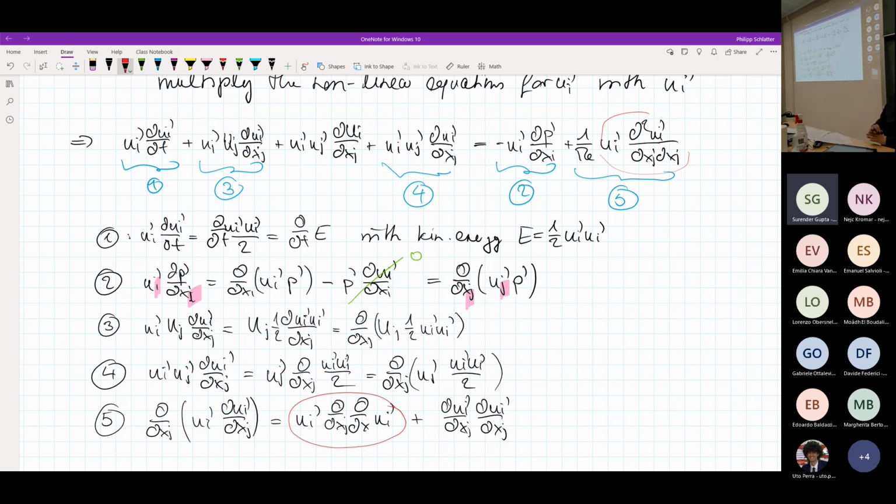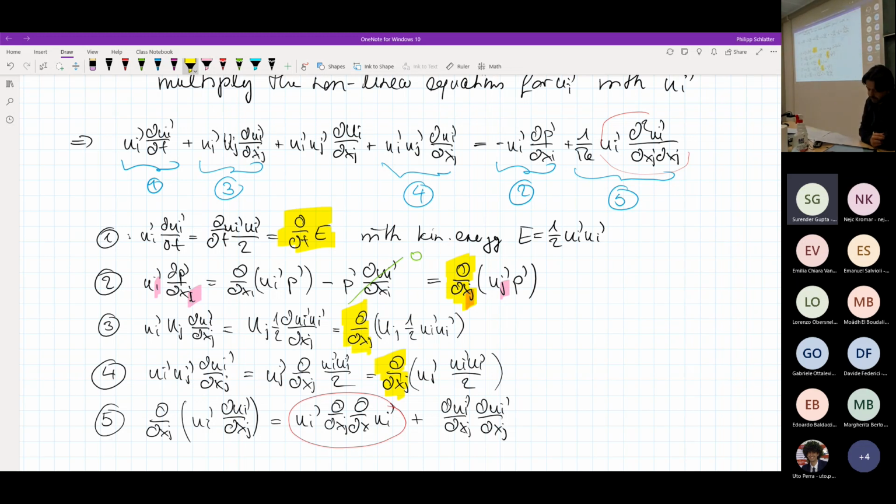Okay, so what do we have now? First of all, for term number one, we got this time derivative of the energy. So that's good. The second term, we could write as a divergence of something, so we had a dxj outside. The third term, we could also write as having a ddxj outside. The fourth term, we could write that we have a ddxj outside.